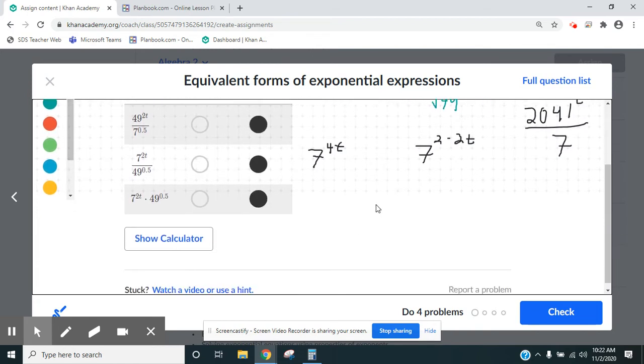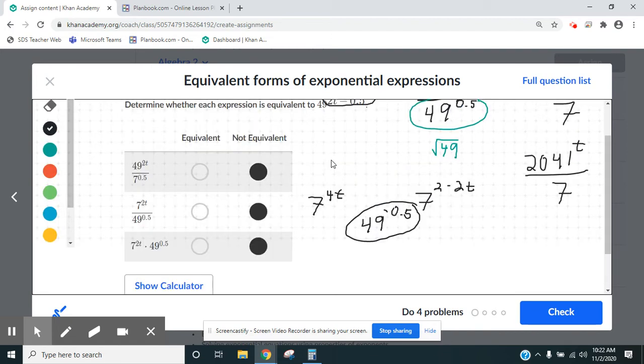One thing that could have been equivalent that looks like this last one is, what if it had said times 49 to the negative 0.5? That would have worked instead of positive 0.5. Remember, a negative exponent means a fraction, right? Let me be clear.